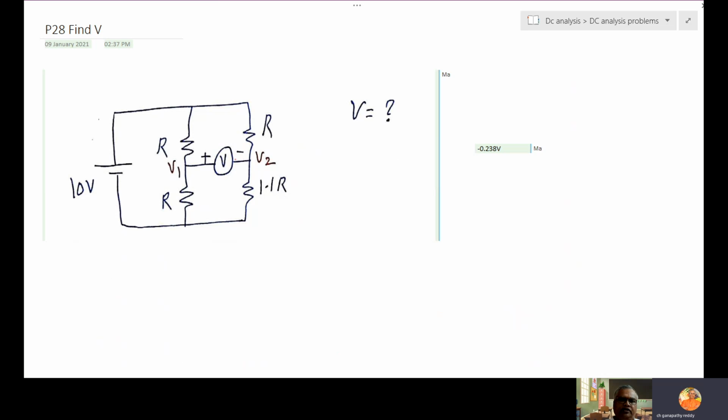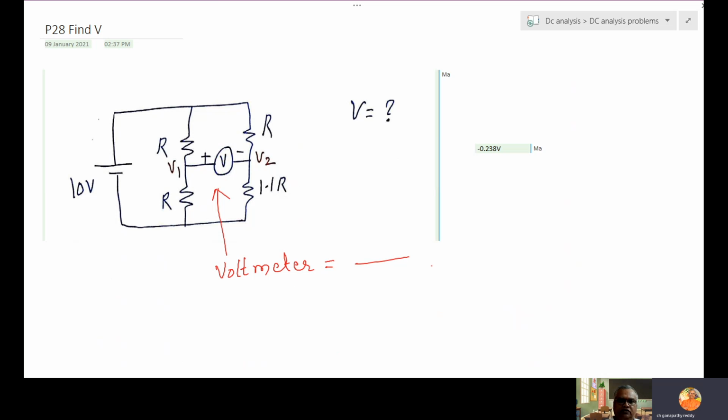Another problem. Find V. What is this V? It is not a source. This V is the voltmeter. So how much will this voltmeter read?